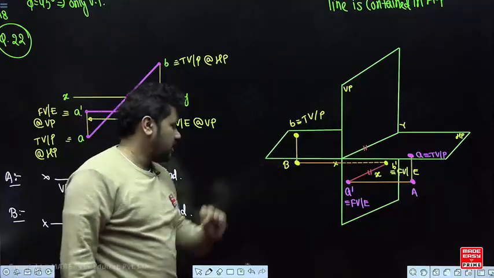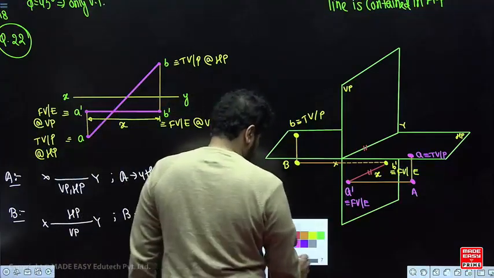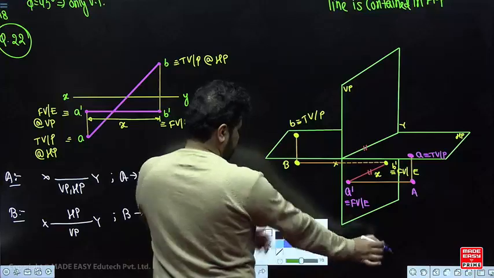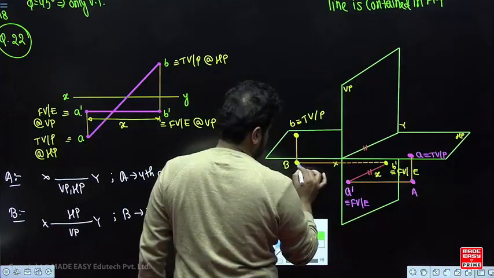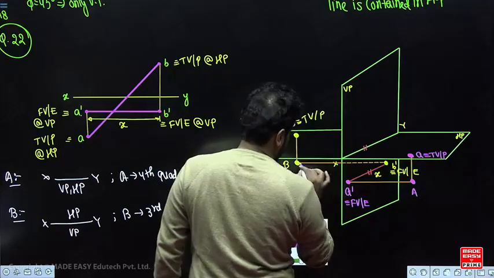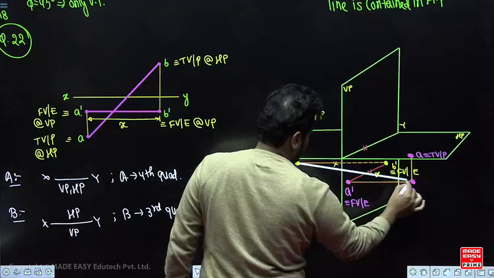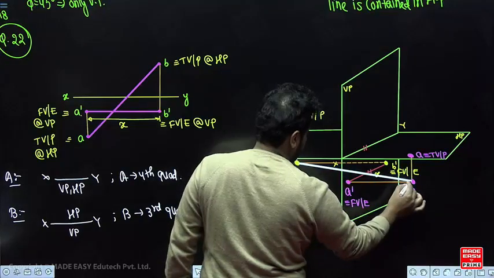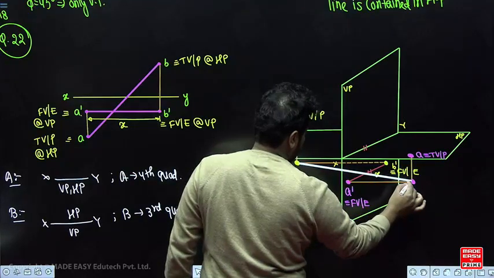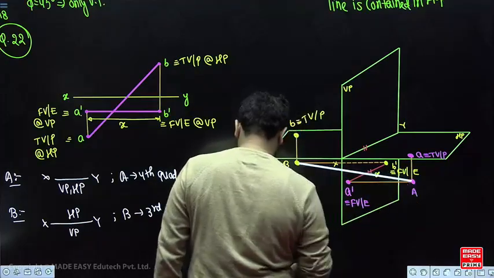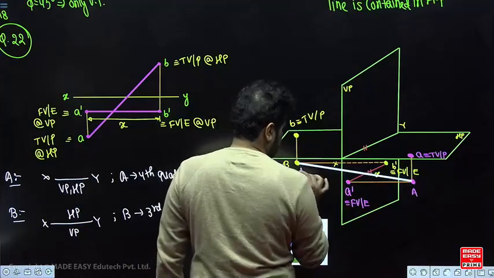So now how will the line look? If I draw the line now, how will it be? See the line.